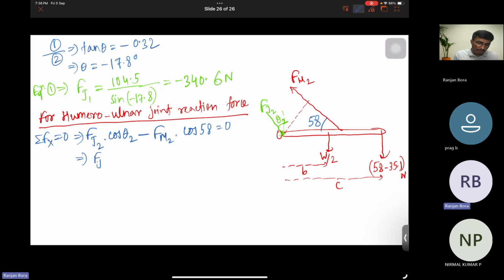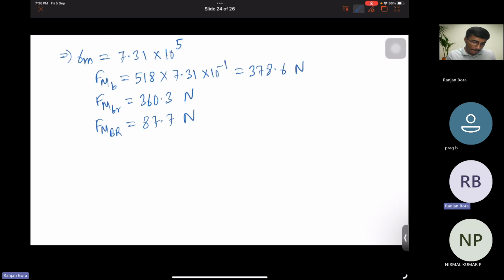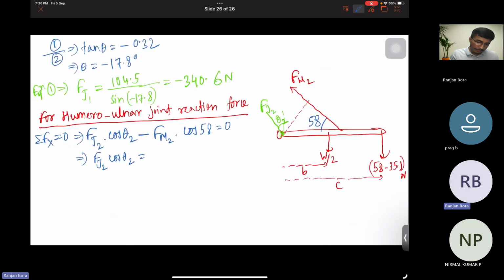So from here, FJ2 cos theta 2 is, we have found FM2 as 360.3, times cos 58, which will be 190.9.